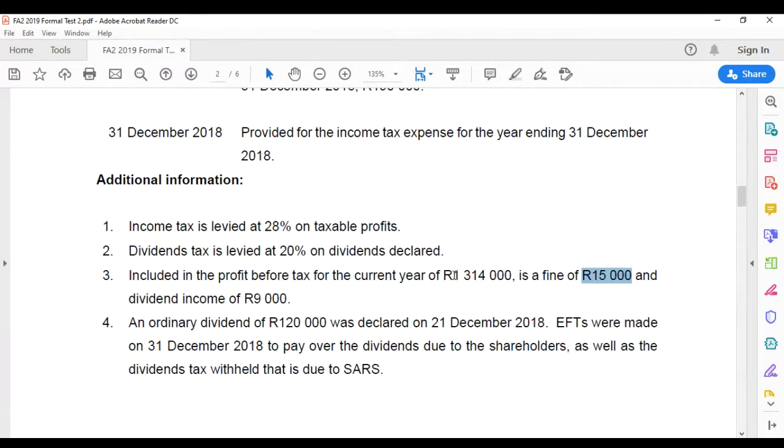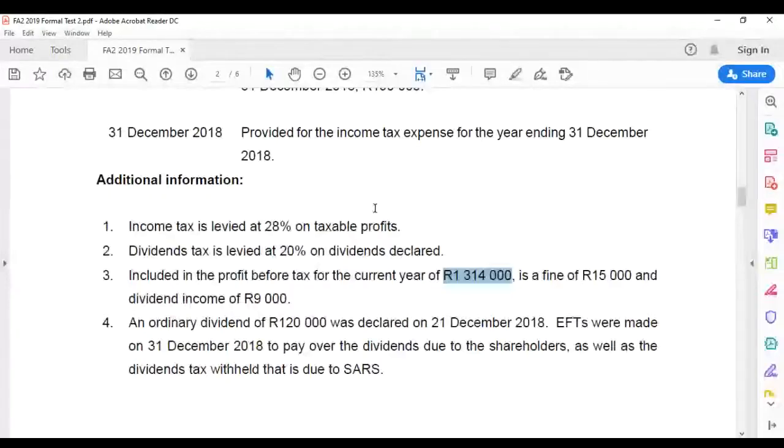So what we have to ask ourselves, is it really an expense? Just listen to me. I'm not talking about a tax implication. We paid the fine. It was imposed on us. Is it really an expense for us? Yes or no? I'm not talking about tax. It is actually an expense. Yes, Lukova, you've got that right. It is an expense. Unfortunately for us, we were slapped a fine.